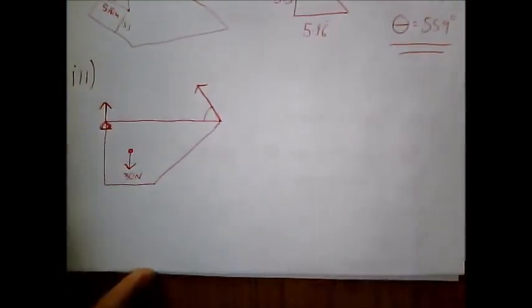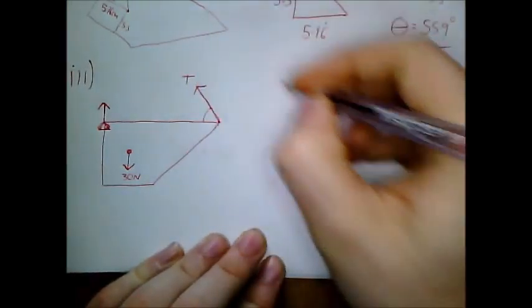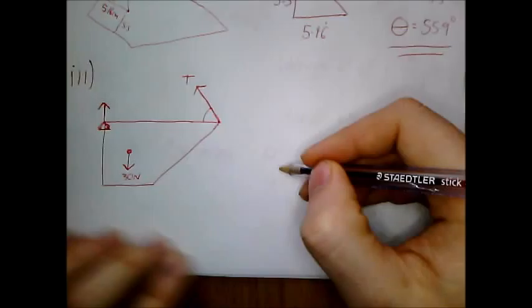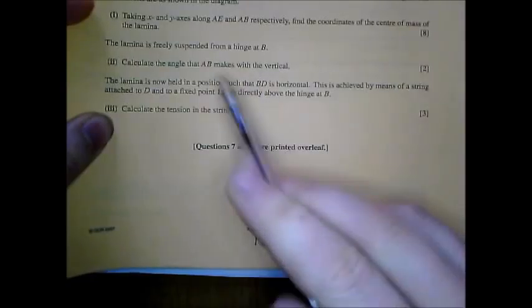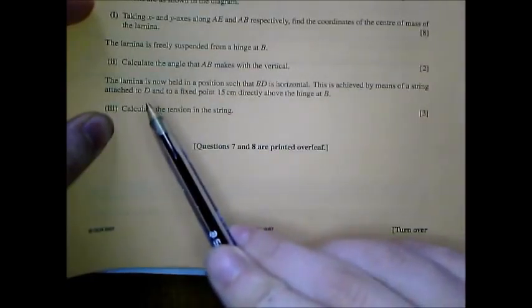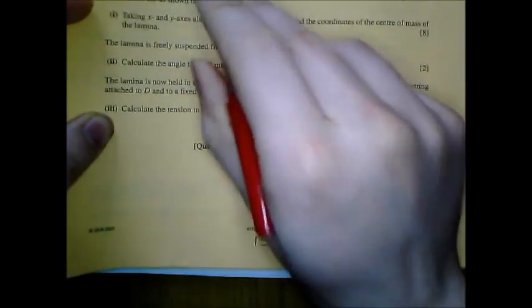Now we don't know this angle yet, but we can calculate it. We were told that the string is attached to D and is fixed 15 centimetres directly above the hinge.